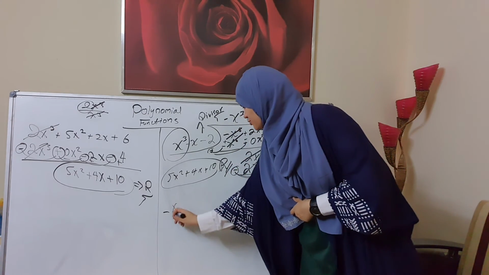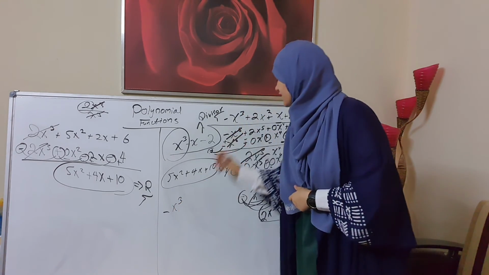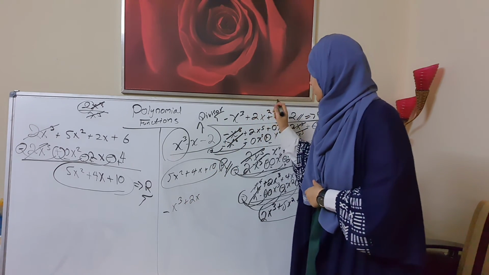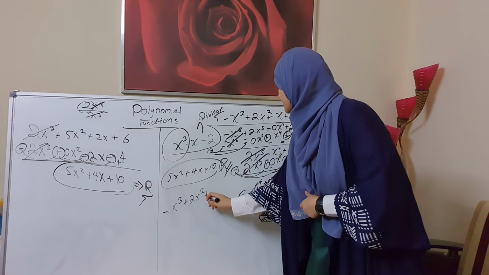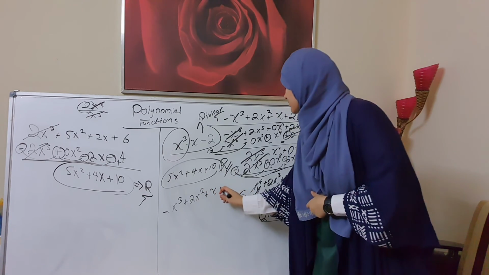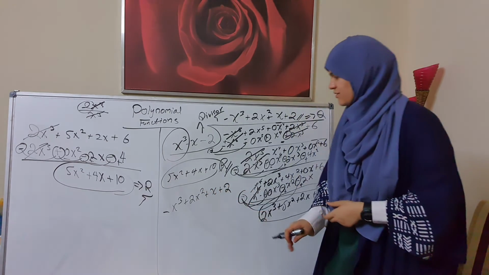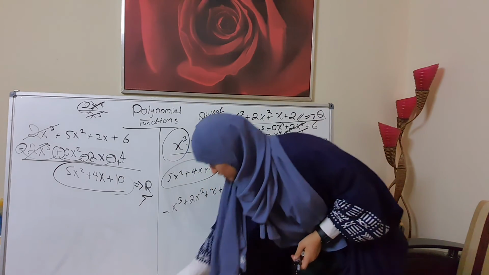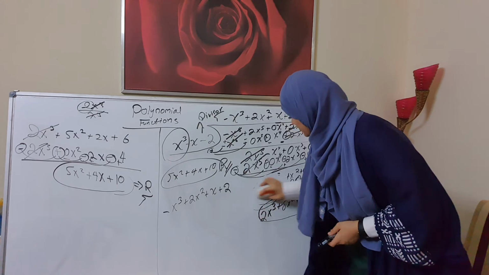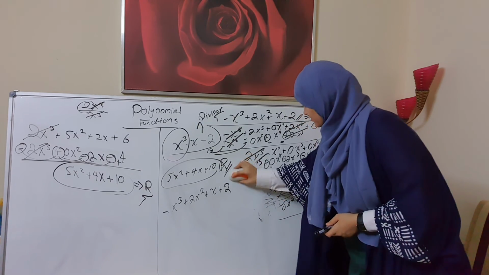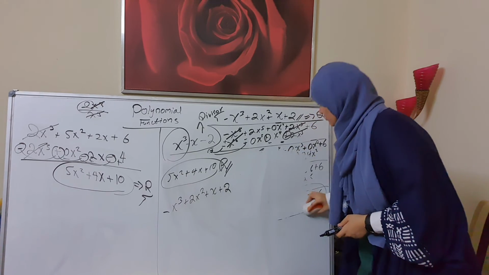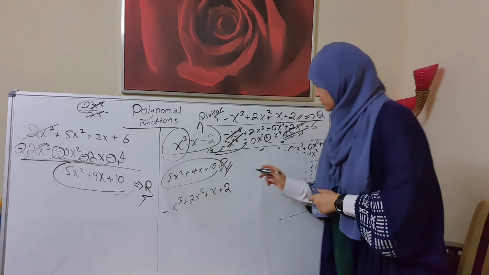Negative x to the power of 3 plus 2x squared plus x plus 2, right? This is the quotient. That means it is equal to the remainder over the divisor.